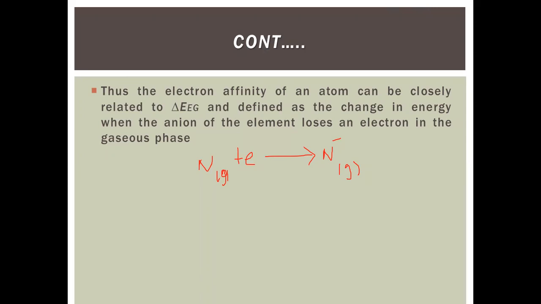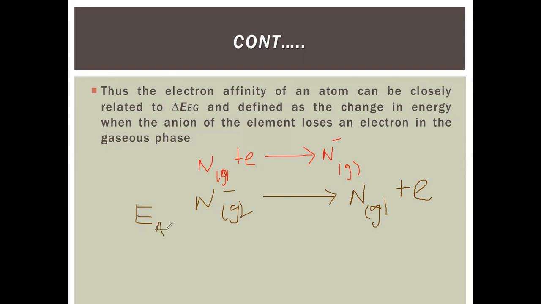Here, the change in energy is for the anion of the element losing an electron. We will see it again. Here, the gaseous anion of the element loses the electron and becomes the gaseous atom. This is what we call electron affinity.